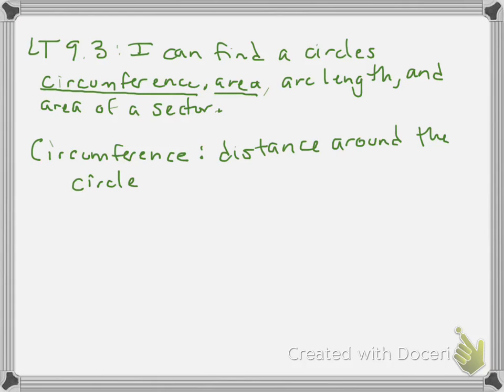So what happens is we have our circle here, and if I was to take a string and put it around the circle, end to end, and then I took it off the circle and placed it on a ruler and measured its length, that's what the circumference represents. Yesterday, on Tuesday, you guys learned about the degrees of it, which I called the measure of it, and that's a little bit different.